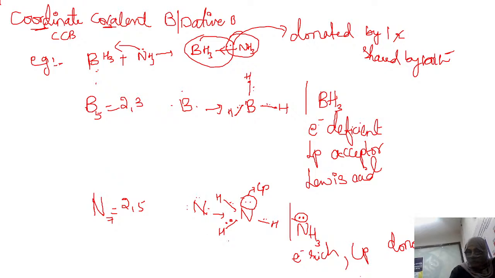Do you want examples for Lewis acids? All Lewis acids are 13 group compounds. Any 13 group compounds you take, they are Lewis acid. And if you want examples for Lewis base, they are 15 group compounds. Any 13 group mixed with 15 group compounds, you will find coordinate covalent bond, right?